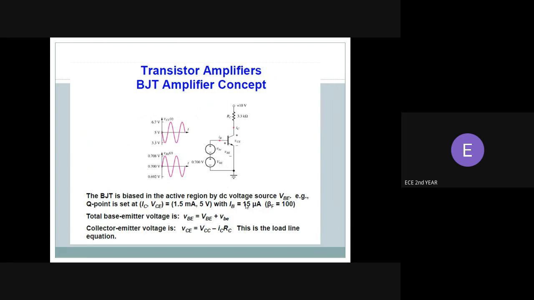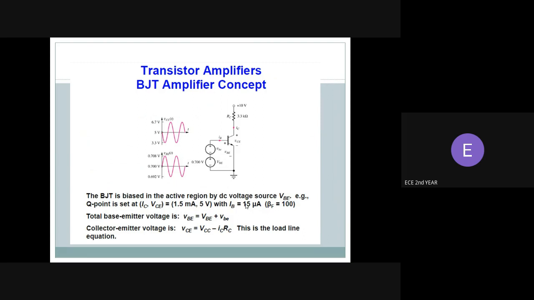So the total base emitter voltage VBE is equal to the DC VBE plus the AC VBE, where one is DC and the other one is AC. Right?